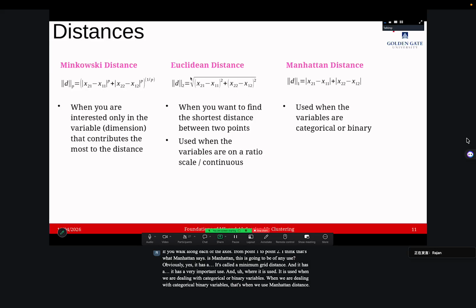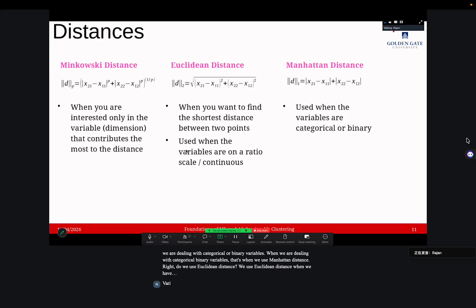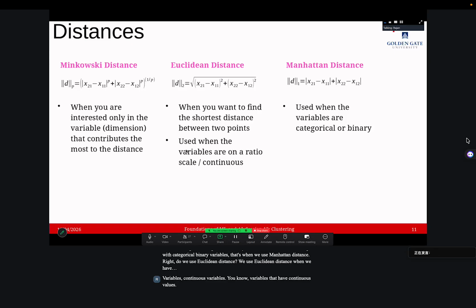Where do we use Euclidean distance? We use Euclidean distance when we have continuous variables, variables that have continuous values, like age, salary, quarterly returns, number of items returned, those kinds of variables.